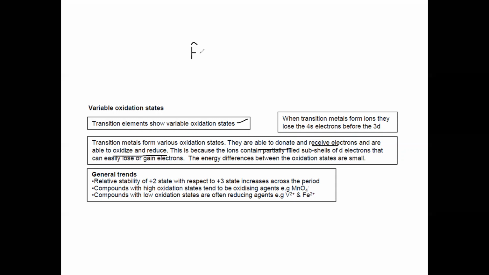For example, iron 2 can lose an electron and change to iron 3, or iron 2 can gain electrons and change to an iron atom as well. So these elements, or their ions basically, can be oxidized or reduced. Because the ions contain partially filled d orbitals, sometimes they can lose electrons, sometimes they can gain electrons.